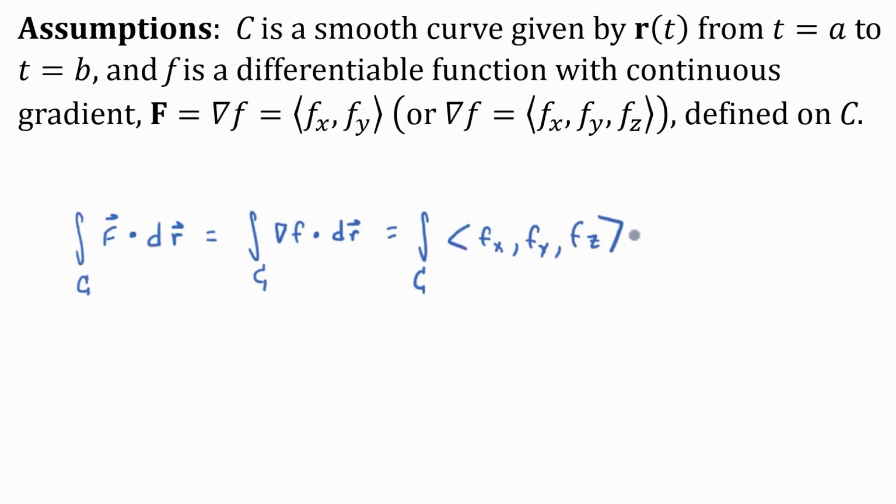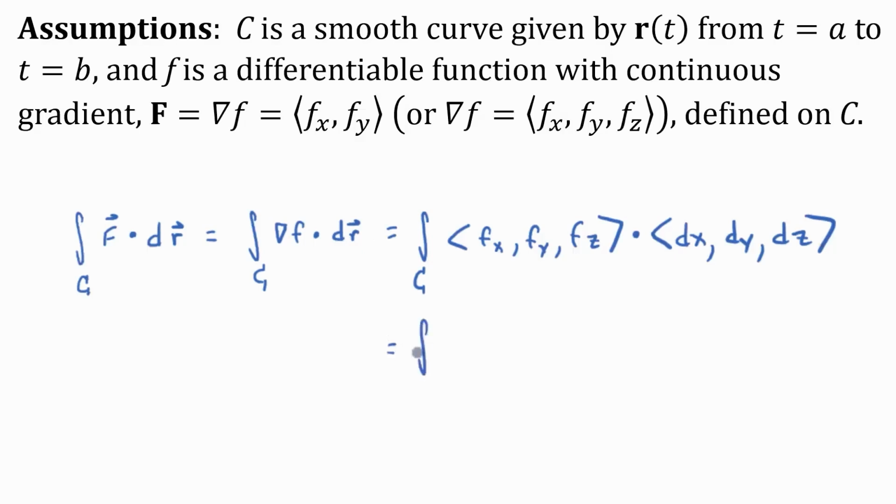And then remember what dr is? It's a vector full of differentials. Remember that? I'm just rederiving differential form for the time being. That's all I'm doing. Nothing new here.